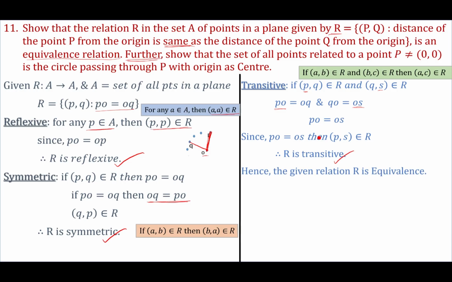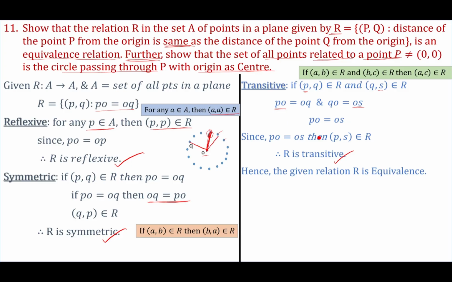Now, furthermore, for the question, show that the set of all points related to point P, which is not the origin, is the circle passing through P with origin as center. Suppose I draw a few points on the plane related to point P. Related to point P means all these points are at the same distance from the origin.